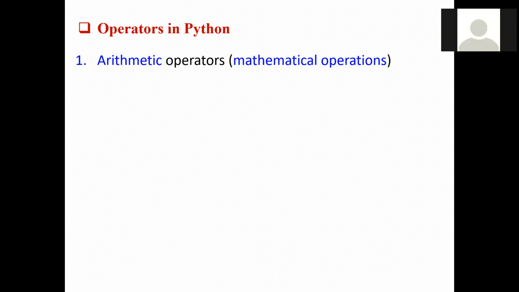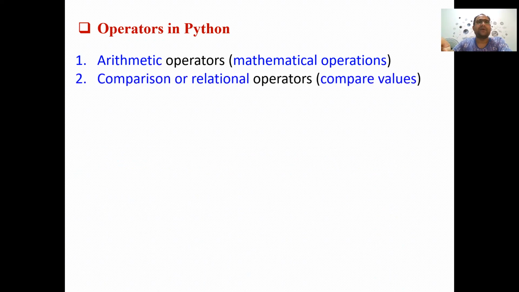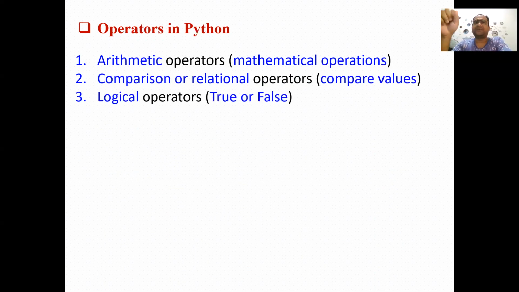If we want to do some mathematical operations, then we use the arithmetic operators. If you want to compare values, we use the comparison or relational operators. Sometimes we need to use logic, true or false. That is called the logical operators. If you want to improve yourself in programming, you need to know the very basics, then go step by step, then you will understand everything, right? These are very basic things, but very important.